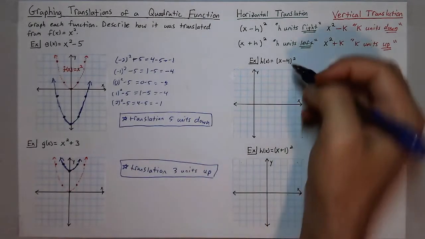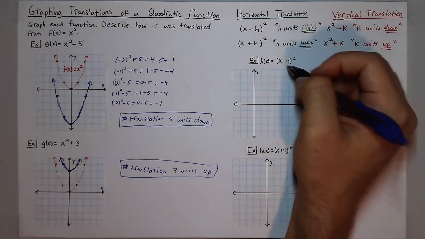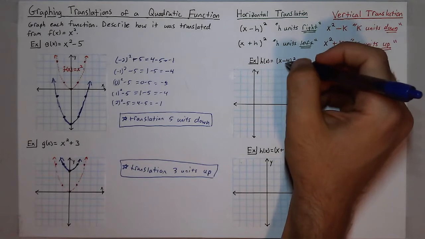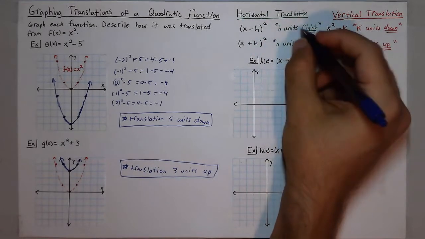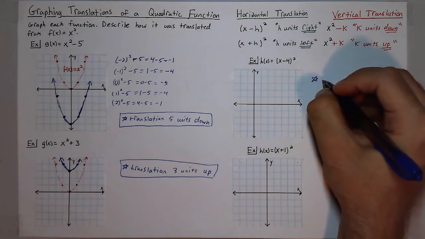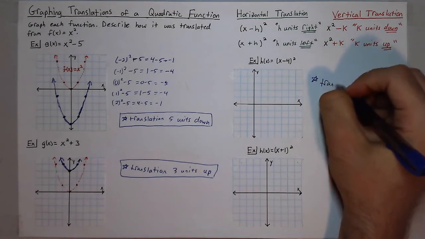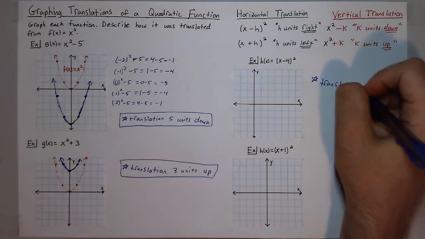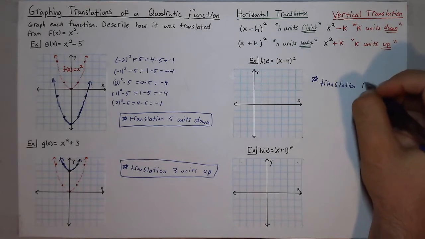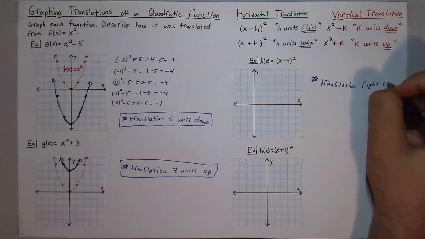Now let's look what happens when we shift horizontally. So now we're subtracting 4 on the inside. So that means we should have a horizontal translation to the right 4 units. So translation right 4 units.